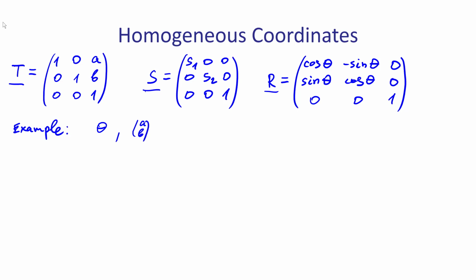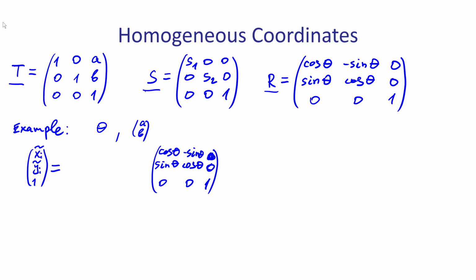So our result x tilde, y tilde, and 1 equals, each one of them could have index i, I'm just not using that index for simplicity. And then first you need to apply rotation. Rotation is cosine theta, minus sine theta, 0, sine theta, cosine theta, 0, 0, 0, 1.